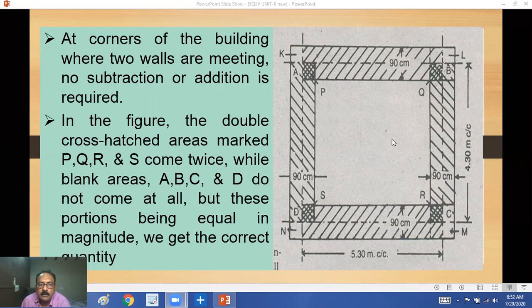In this figure, the double cross-hatched area marked PQRS comes twice, while these blank areas KL and MN are blank. So these are equal and we get correct values.